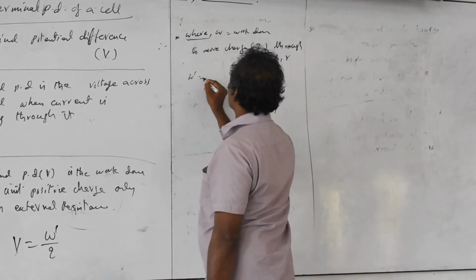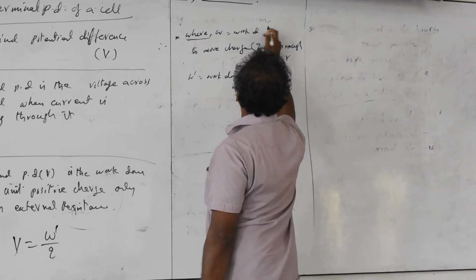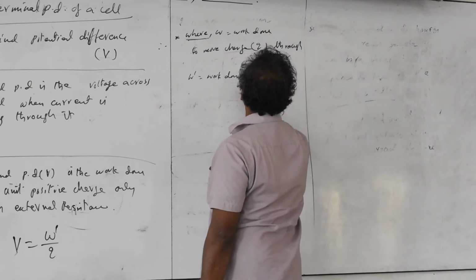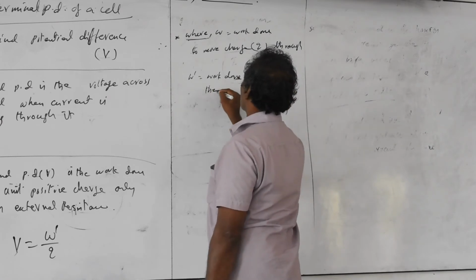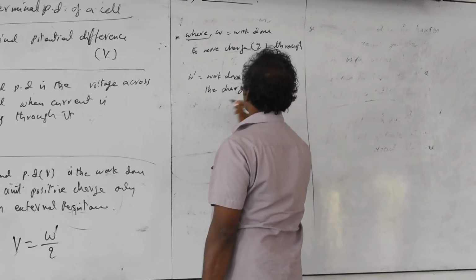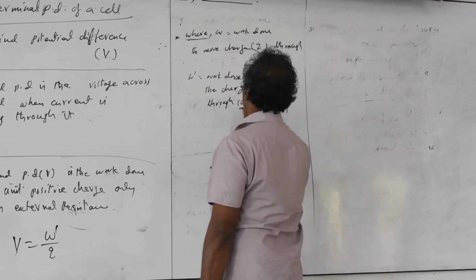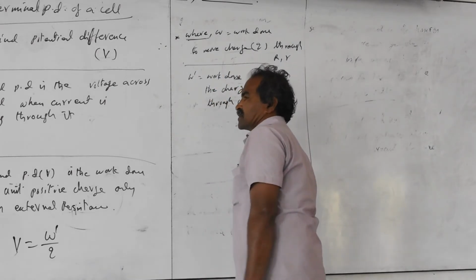W prime is the work done to move the charge through the external resistance. That is the internal resistance and external resistance.